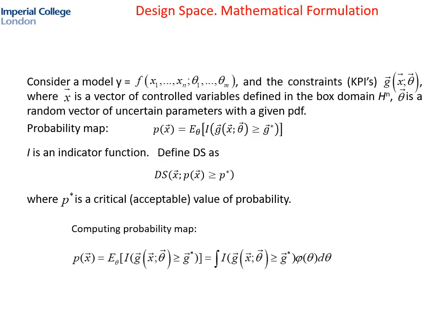Once P(x) is defined, we can identify design space as a set of points x such that probability of x is larger than a critical or acceptable value of probability. Probability P(x) can be presented in a form convenient for simulation, as an integral given here.